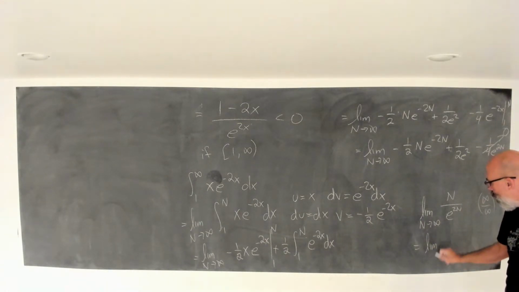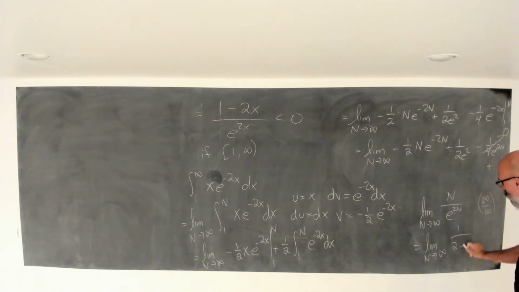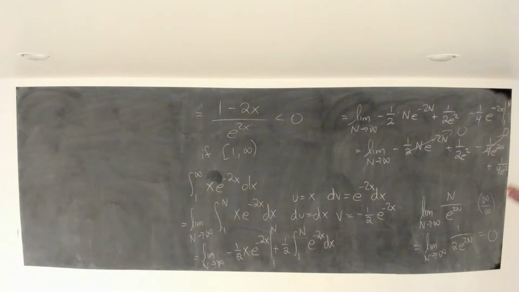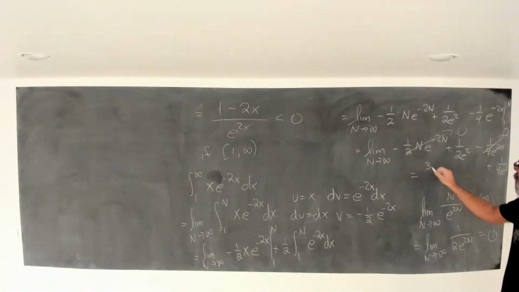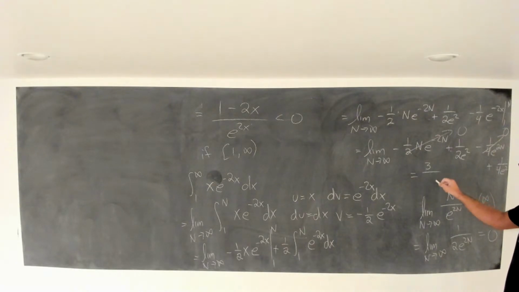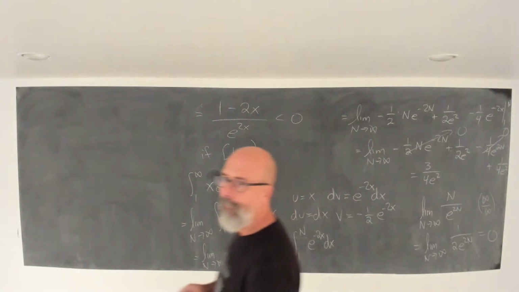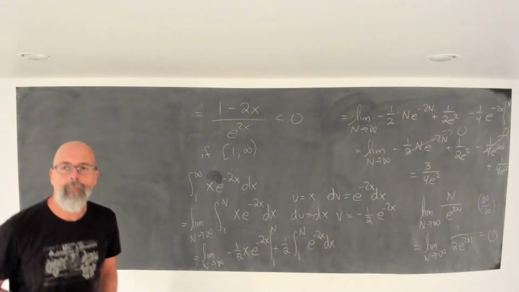A quick L'Hopital's rule will give it to you: 1 over 2 e to the 2n, which goes to 0. So this goes to 0 as well, and we're left with this, which is 3 over 4e squared. Converges, and we're good.